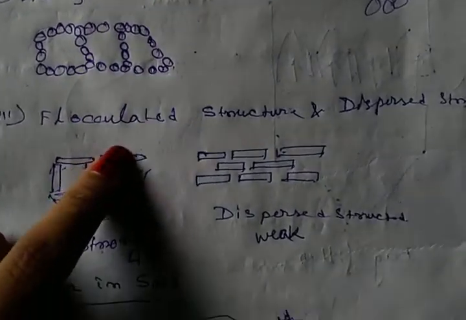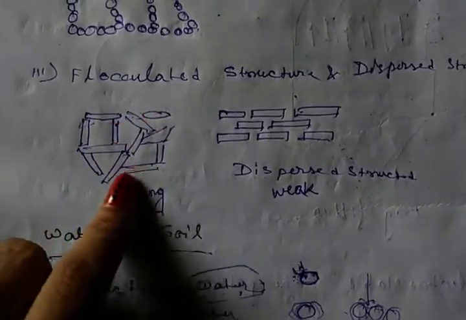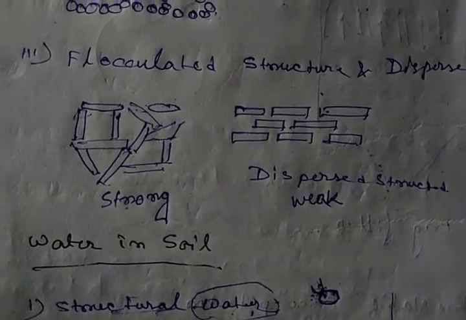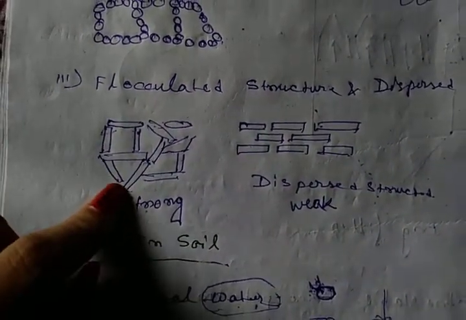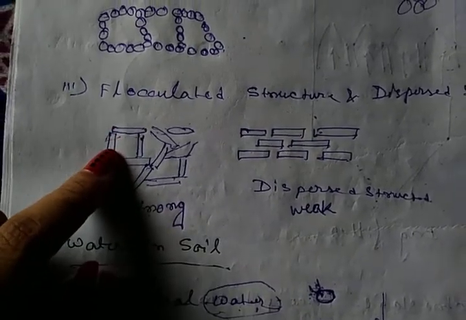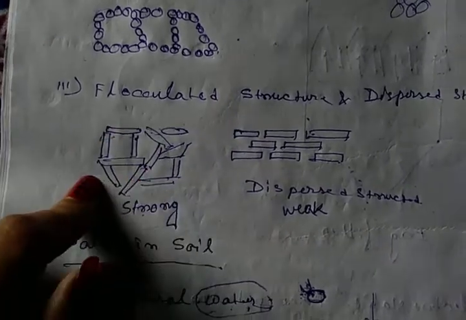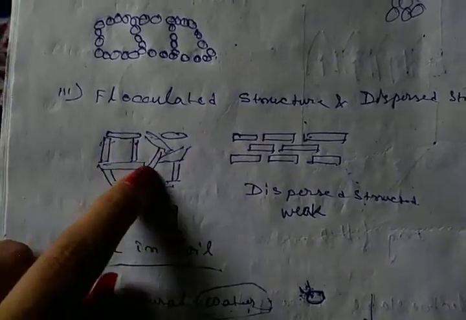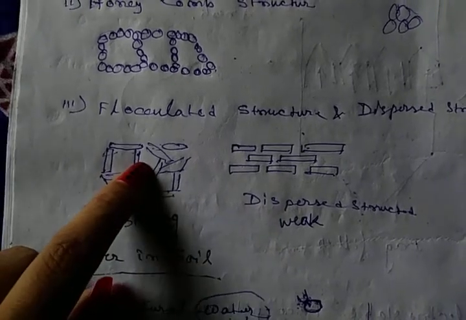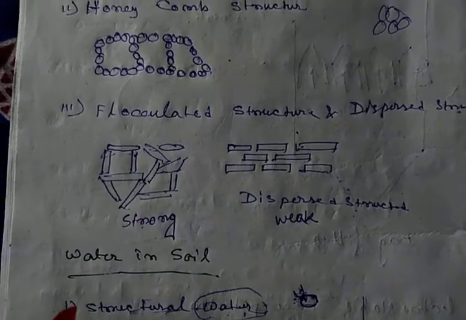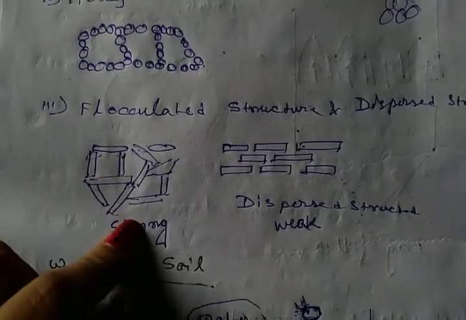Then there are flocculated and dispersed structures. What is a flocculated structure? A flocculated structure is made by flaky soil particles. These flaky particles can make a square or triangle type shape, and it is a very strong structure.